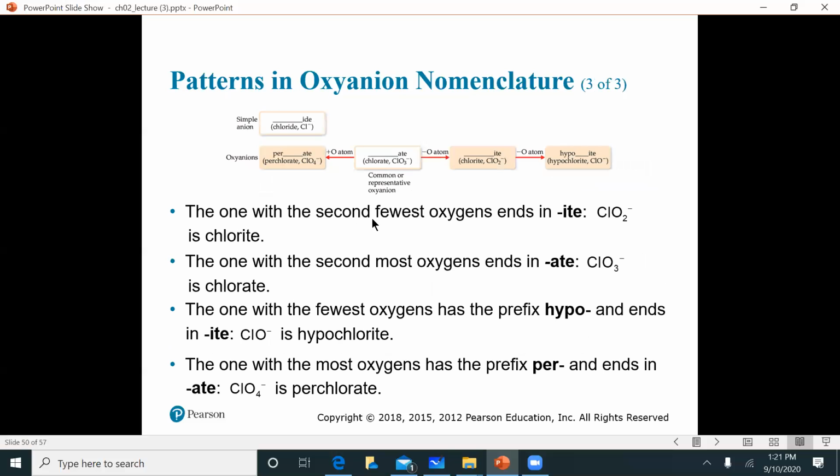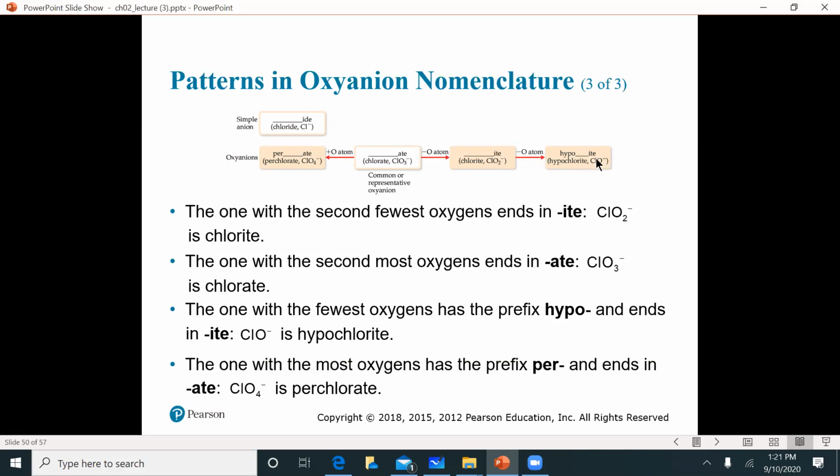So we said ite has one fewer, ate has one greater. If you have one less, like if we're looking at chlorate and chlorite, here's chlorate and here's chlorite. Chlorate in this case has 3 oxygens, chlorite has 2 oxygens. Let's say we stripped another oxygen away, we would call it hypochlorite. Hypo being under, right? Like hypoglycemic.